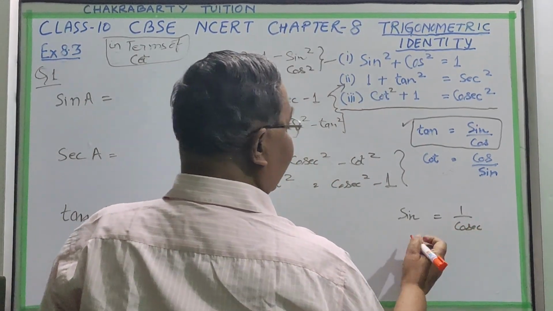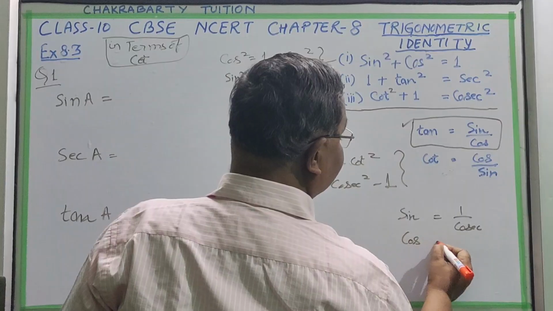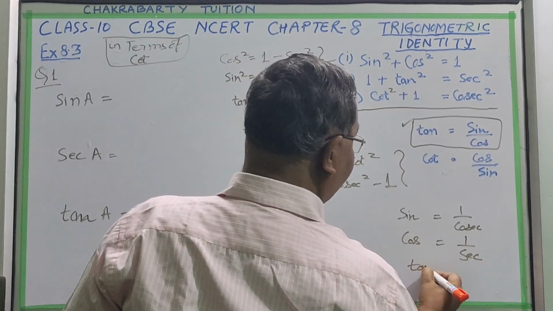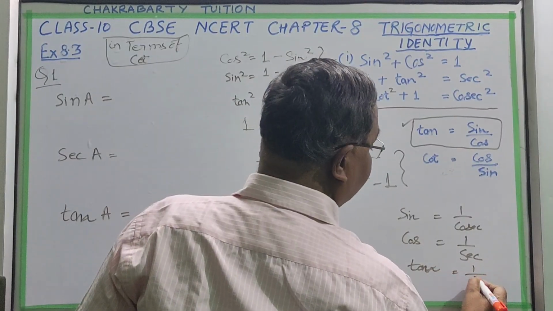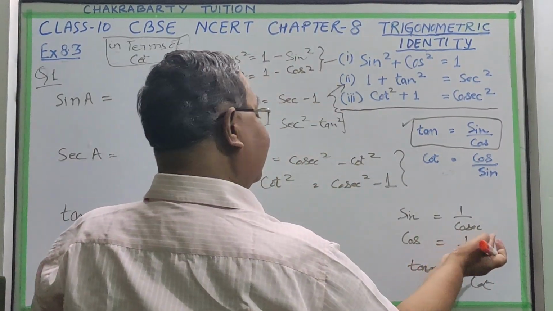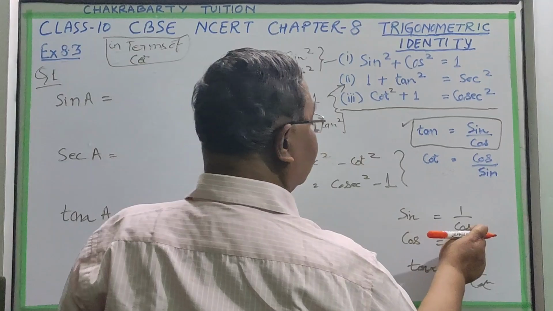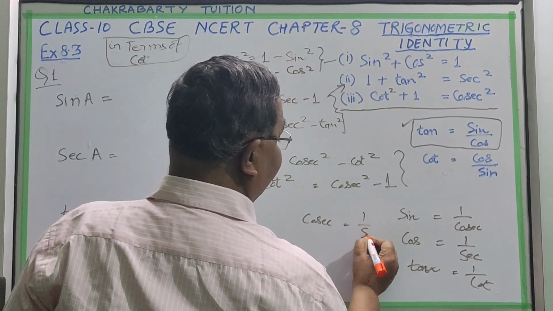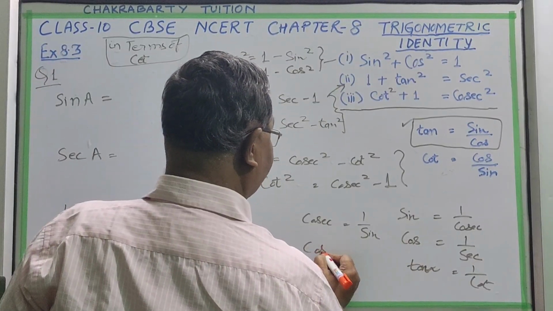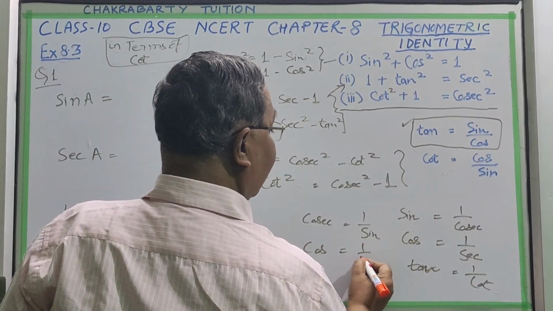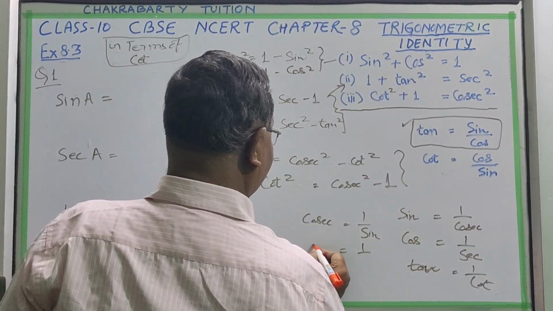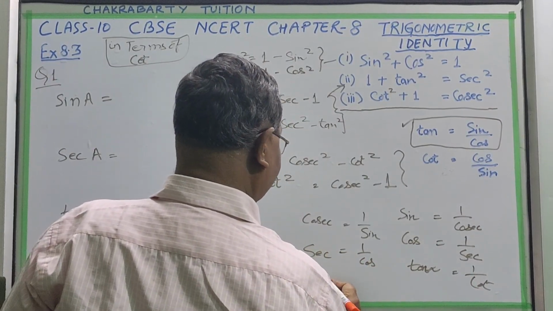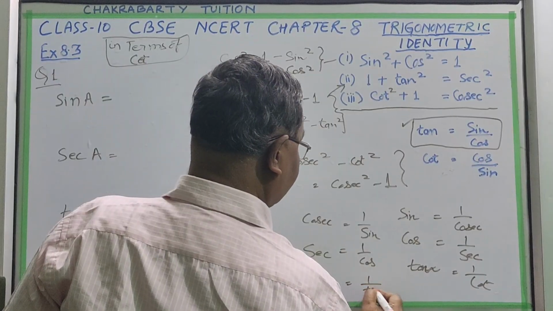Likewise cos we can write as 1 upon sec, and tan we can write as 1 upon cot. In the same way, cosec you can write as 1 upon sin, sec as 1 upon cos, and cot as 1 upon tan.